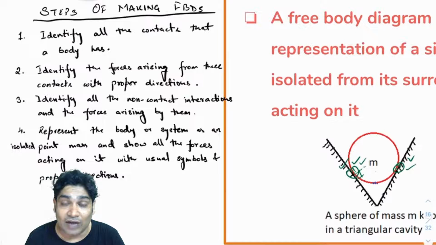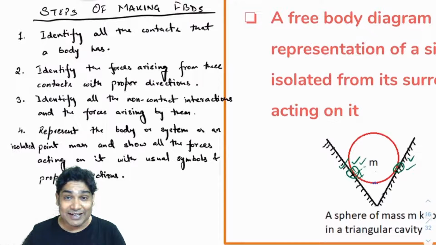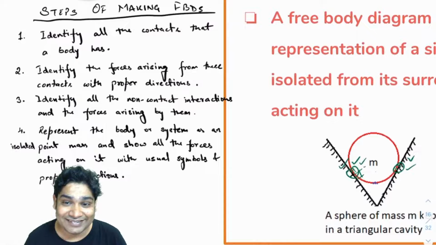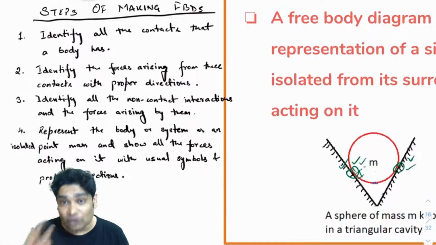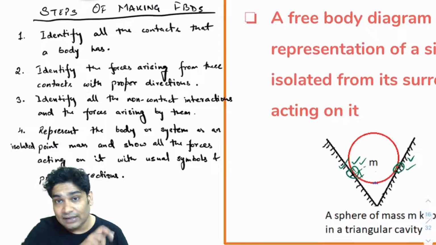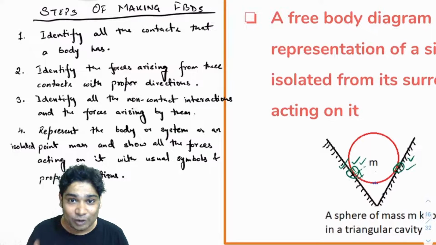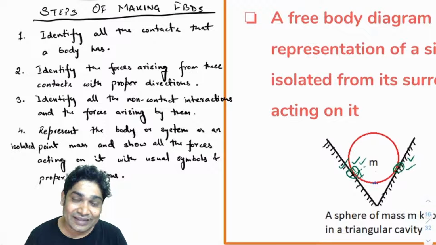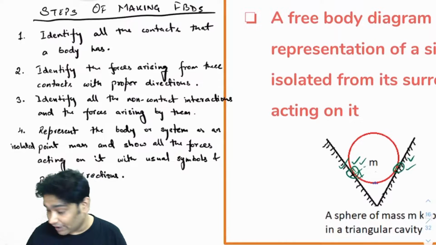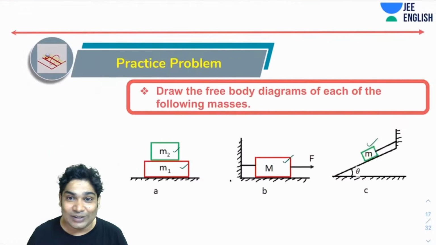Why make FBDs? Trust me, making the correct FBD is half the problem solved when you're applying Newton's second law. In the application of Newton's laws, half the battle is won if you have drawn the correct FBD. Then there is only maths. Hopefully you have noted down all these steps.